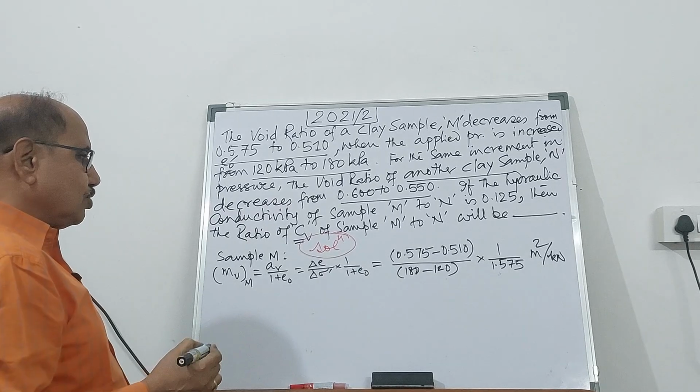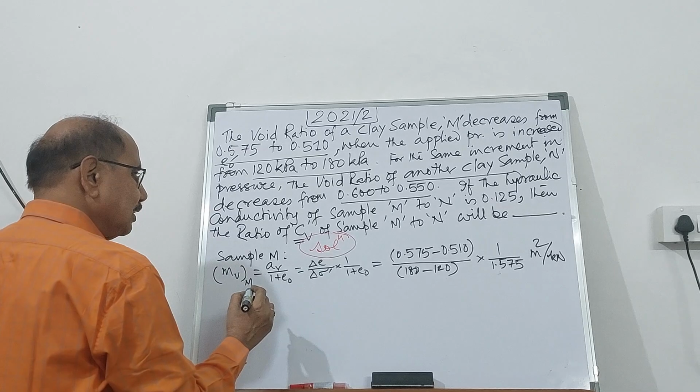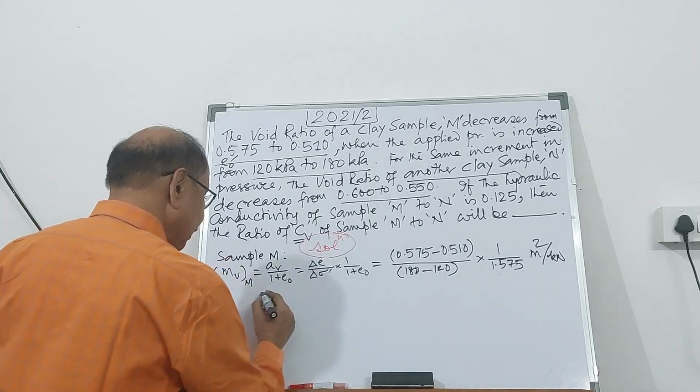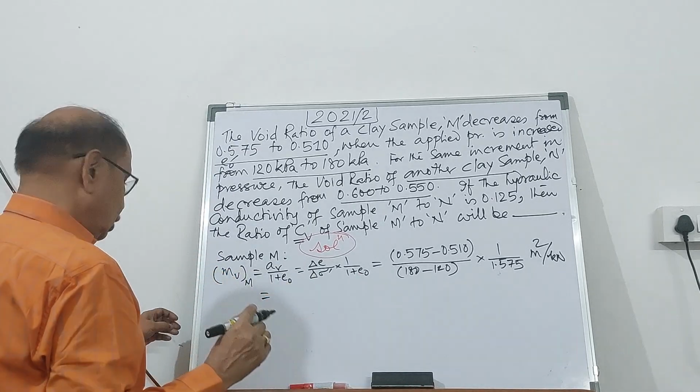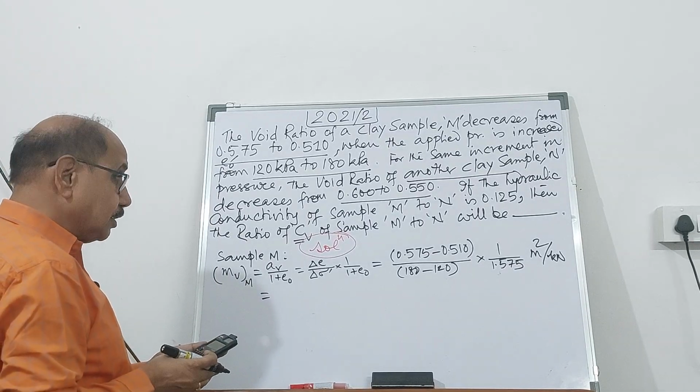So MV1 is known to be, and similarly, I can simplify this. So if I simplify it, let me calculate.